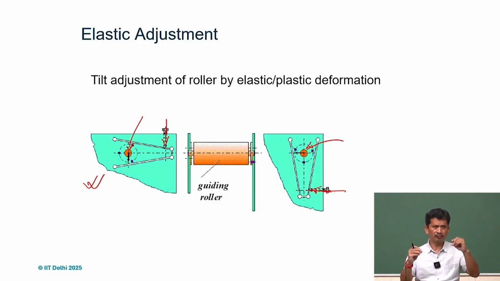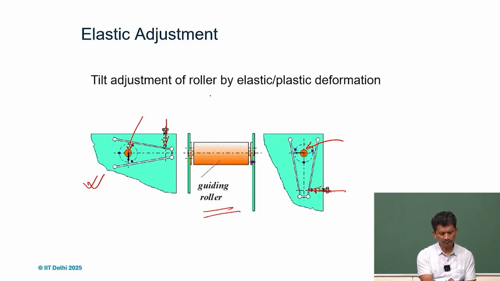So one is moving in this way and the other in this way, and that way we can align the guiding roller precisely. The movements in x and y may not be that important. What is more important is the angular alignment, and this way we can achieve it very nicely.